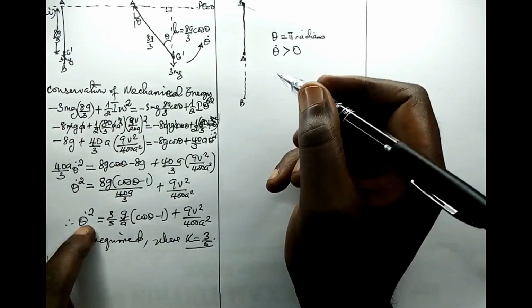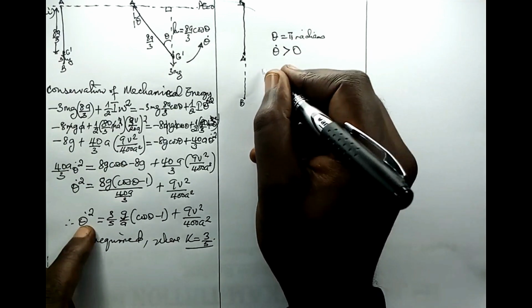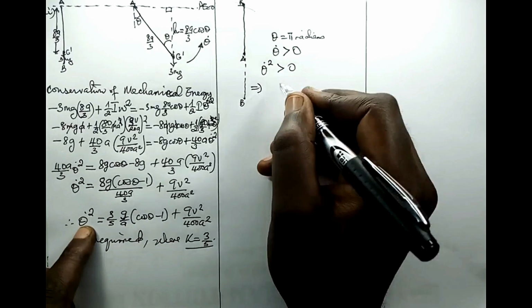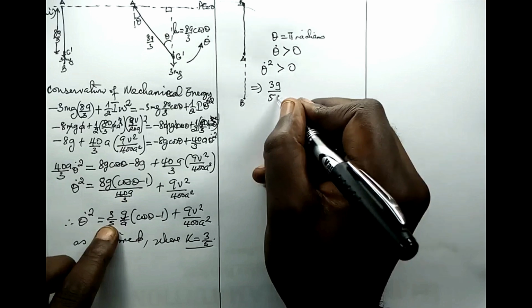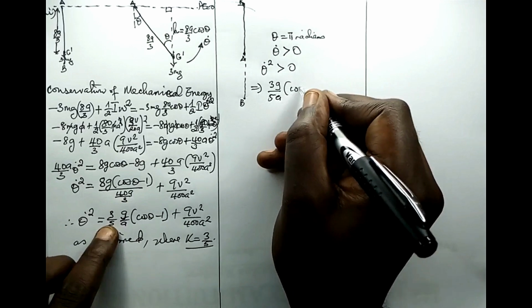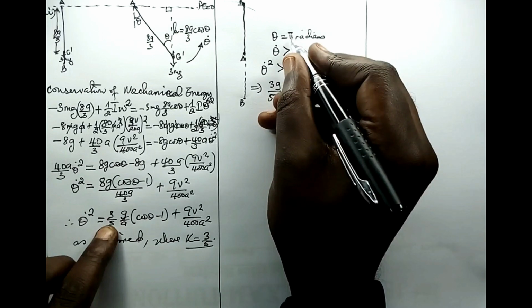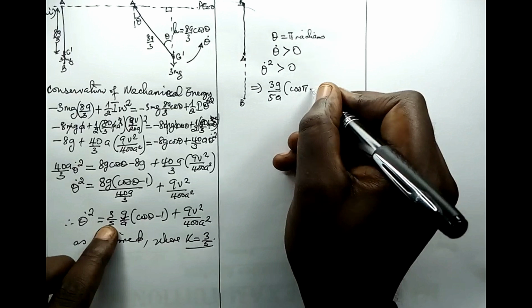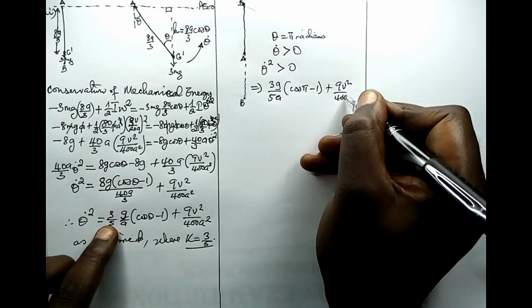If I come back here now, I will say if theta dot is greater than 0, then theta dot squared would also be greater than 0. And that implies that 3g all over 5a into cos theta minus 1, where cos theta at that point is now the cosine of pi, plus 9v squared all over 400a squared.